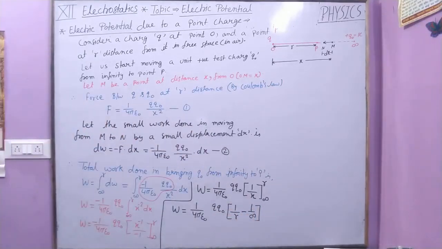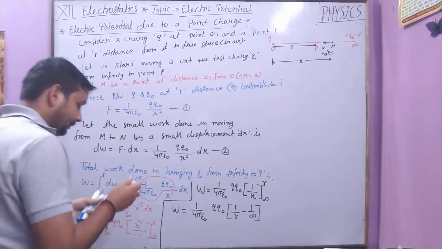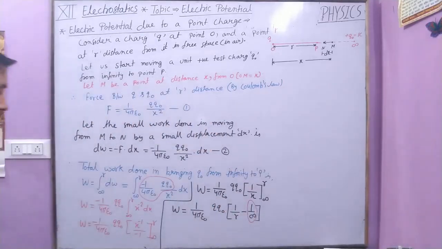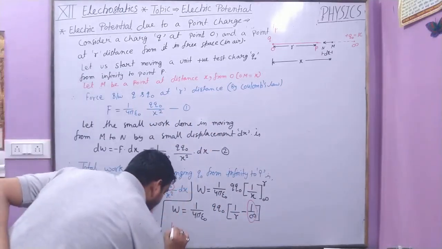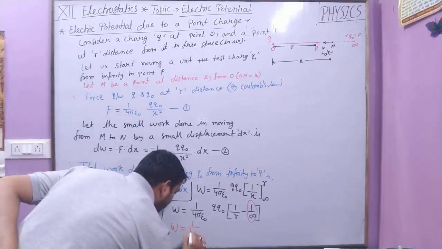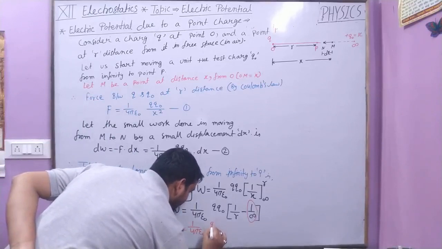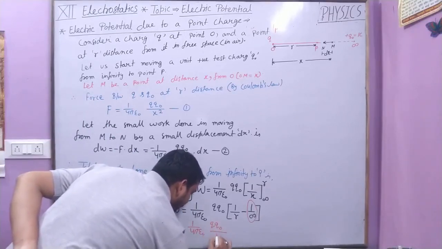Clear? And here you know that the value 1 upon infinity will become 0, so W is equal to 1 upon 4 pi epsilon naught Q Q naught upon R.